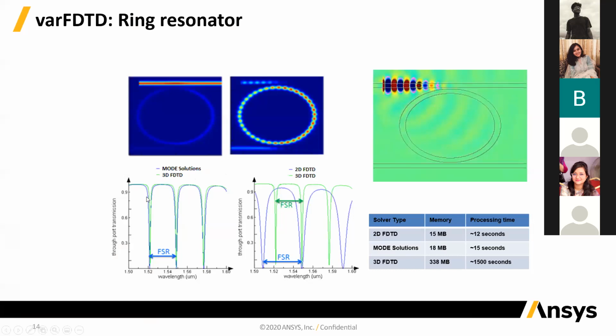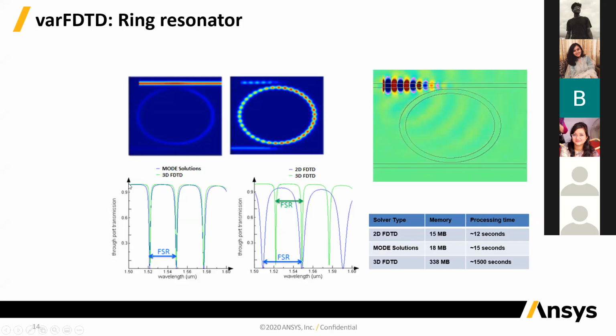So the question is, what is free spectral range. As light propagates through the top bus waveguide here, it only couples to the ring at certain wavelengths, and that depends on several things: the radius of the ring, the optical index of the material of the ring, and so on. There are some resonant wavelengths where light would couple into the ring, but it won't couple into the ring for the other wavelengths.